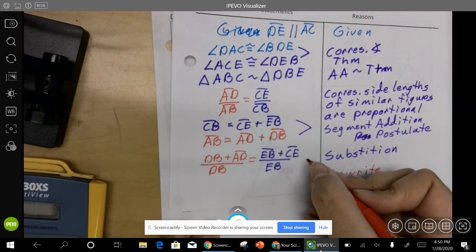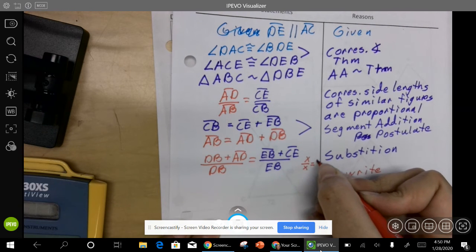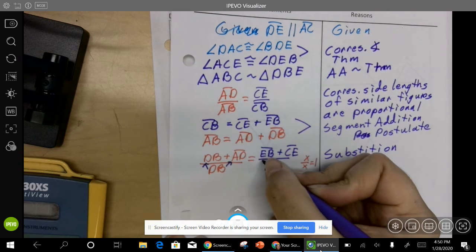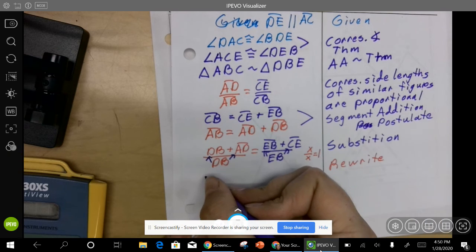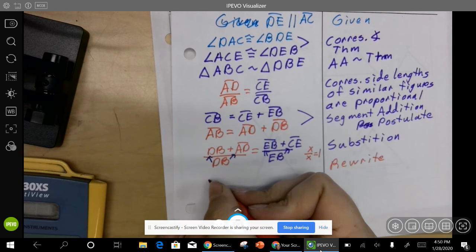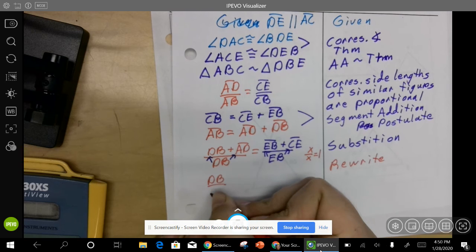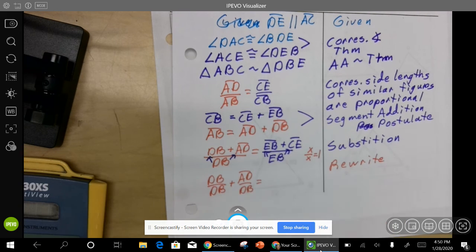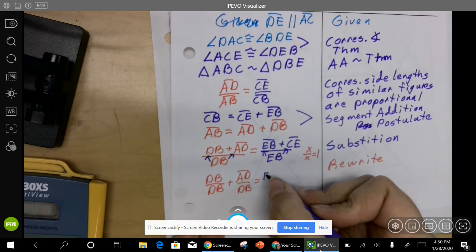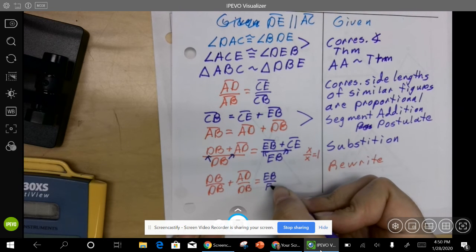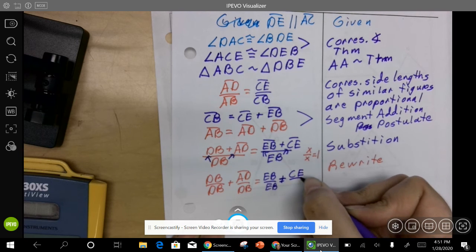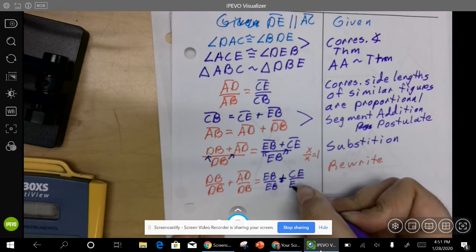So when I say rewrite, everybody, remember like x over x equals 1, that's what we're going to do here. I think of it as I'm distributing this. Okay, so we're going to put DB over DB plus AD over DB is equal to EB over EB plus CE over EB.